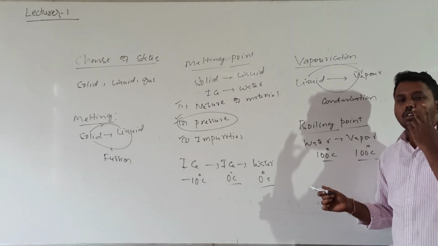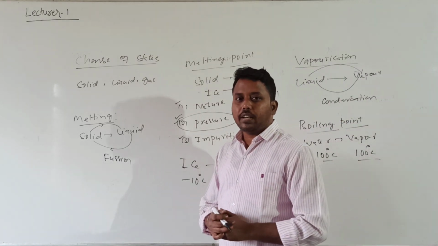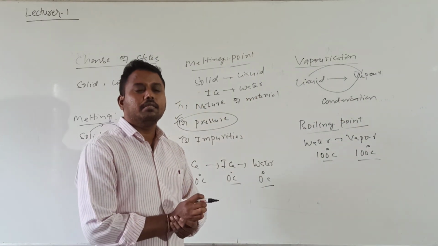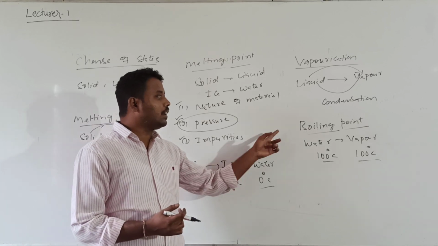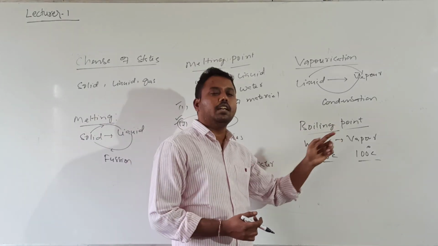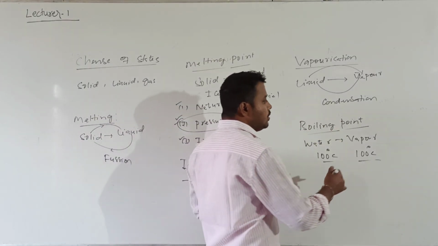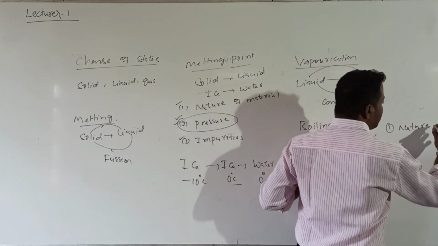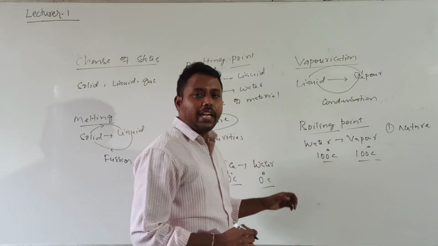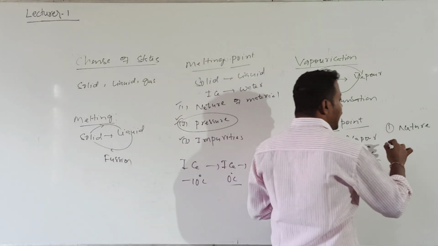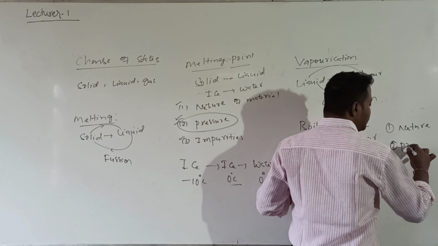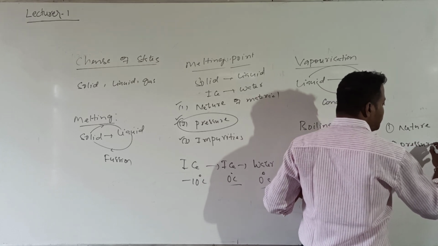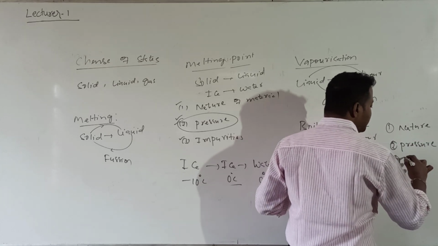This boiling point is also not the same for all liquids. What are the factors on which the boiling point depends? The boiling point depends upon the nature of the material, it depends upon the pressure, and it depends upon the impurities.